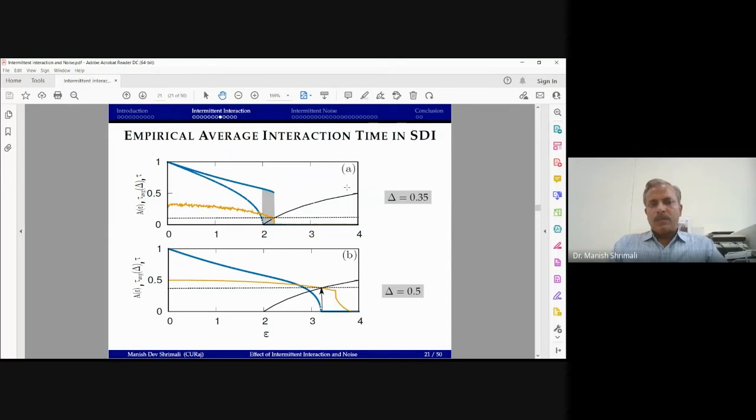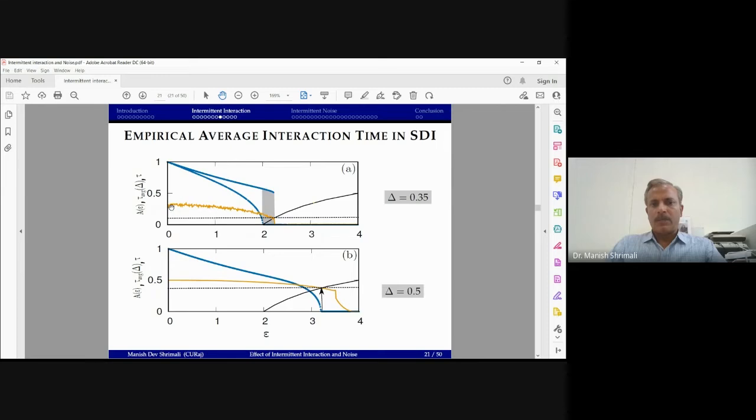Now, we have further done some analysis on the average interaction time spent by the oscillator in the spatial dynamic interaction. Since in the spatial dynamic interaction, the interaction is on and off depending upon the status of the system, we have calculated the time when the interaction is on, and the average time is plotted in this case.